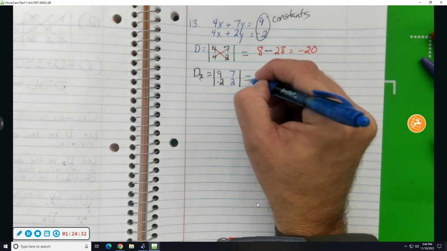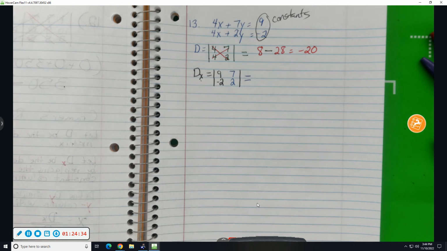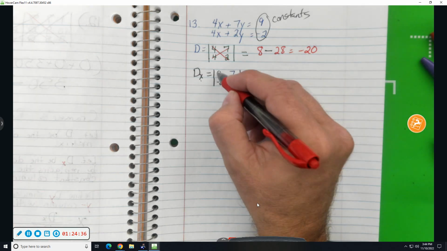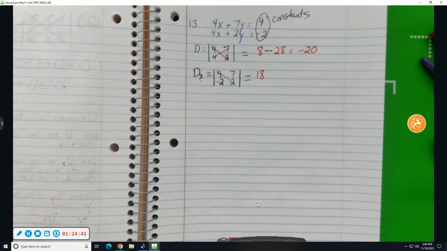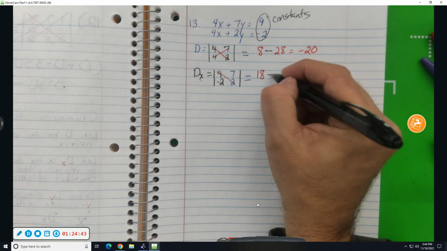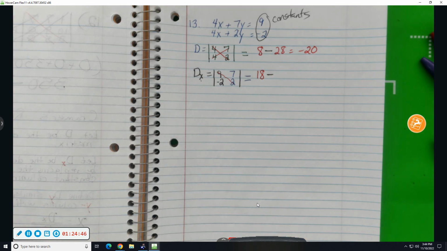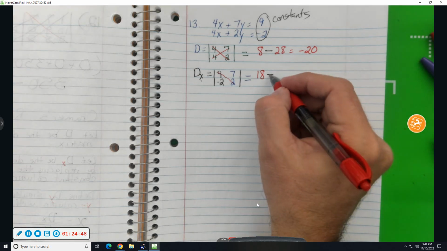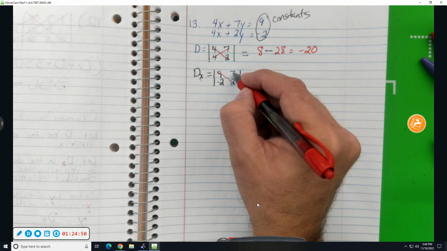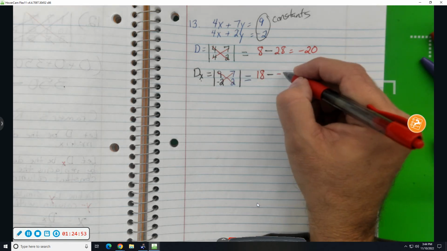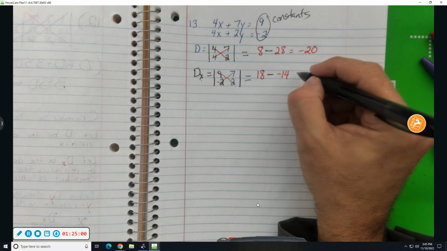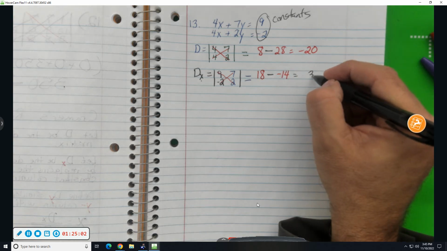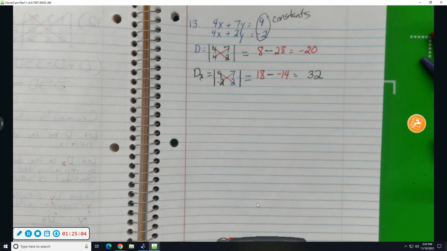And we do the little crisscross again. 9 times 2 would be 18. Then a minus. Now I think we're going to get another negative. We have the minus from the rule, the definition, and then we have a negative 14. Plus 14. So 18 plus 14 is 32.